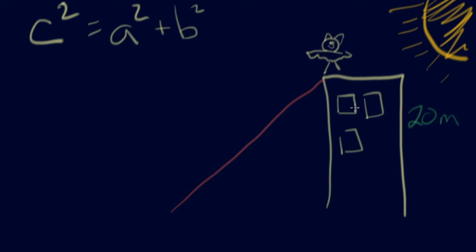We know that the shadow lands about 30 meters away from the building. So I want to know how long is the shadow. What is this length right there?